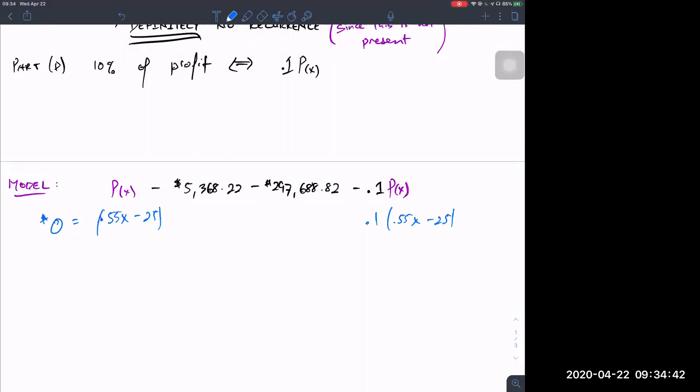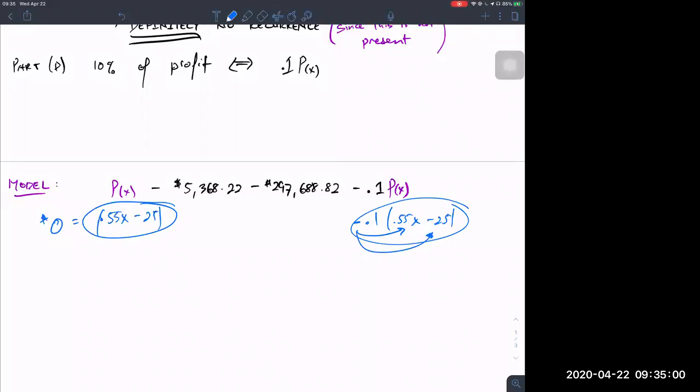It just would have been more tedious because you had to worry about this in the front and also this distribution in the back, and the fact that this is a negative. So these would become negative, but then this would become positive, and that's how your answer will become off by a little bit. I've had students have that happen before.